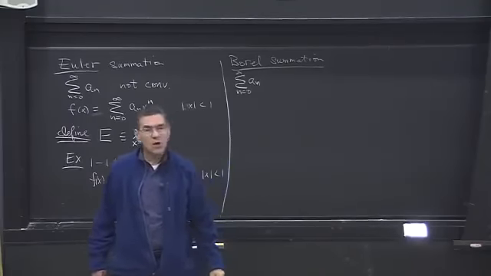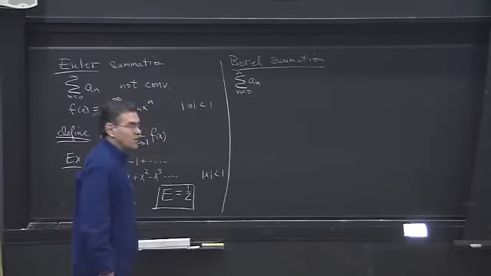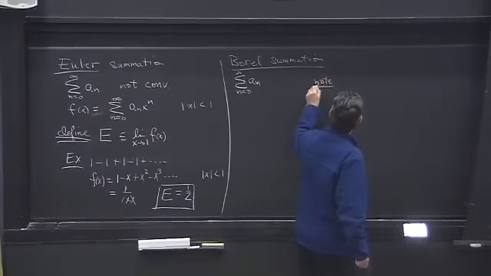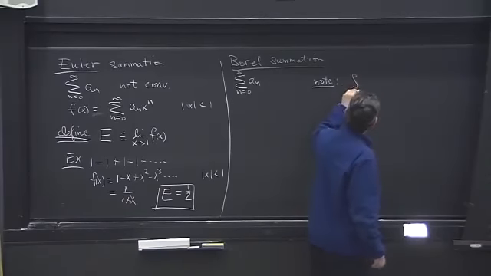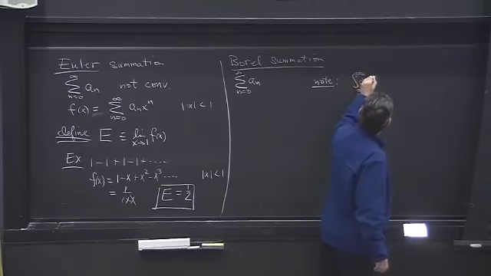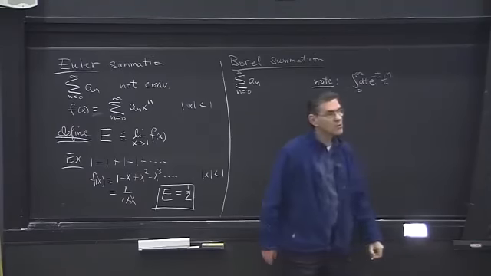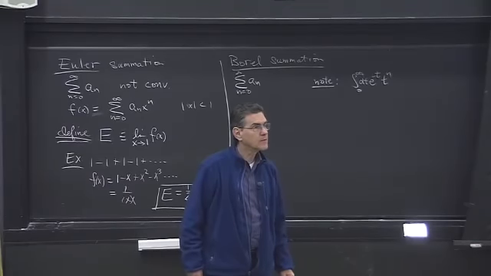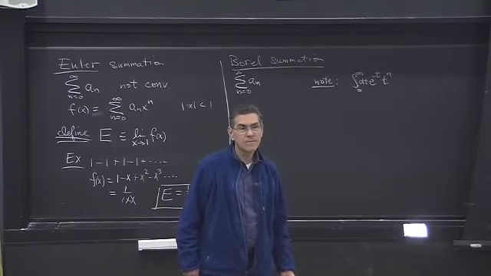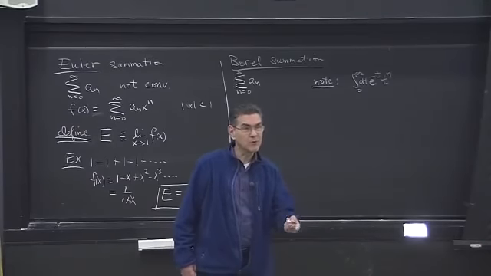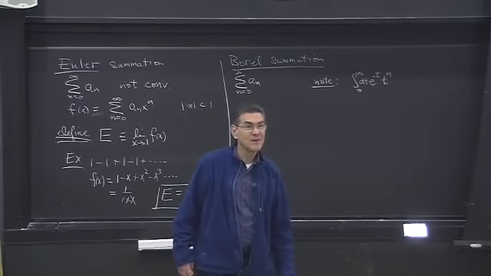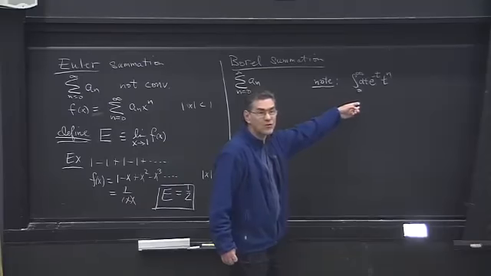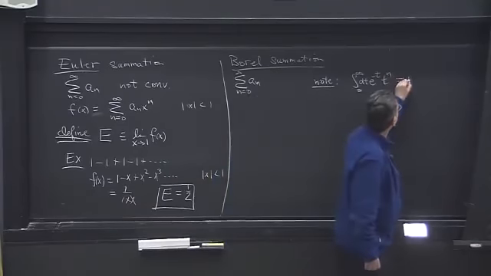And Mr. Borel says, note, what do you get if you integrate from 0 to infinity dt e to the minus t, t to the n? How do you do that integral? Or a simpler way to say it is n factorial. Right. We just integrate by parts n times, and you get n factorial.